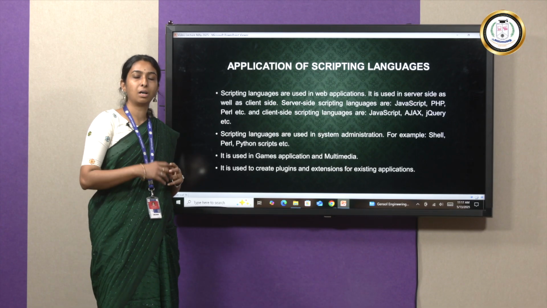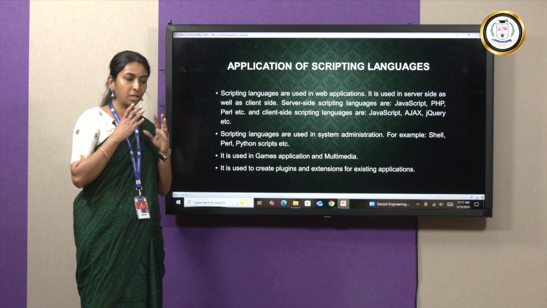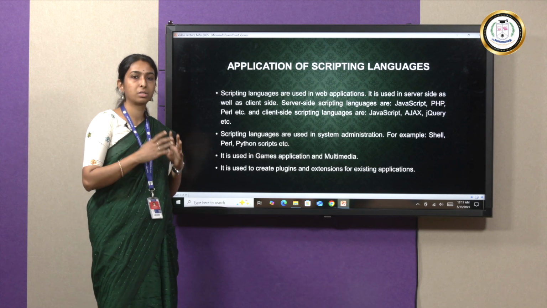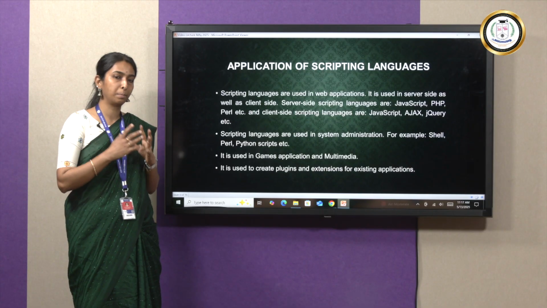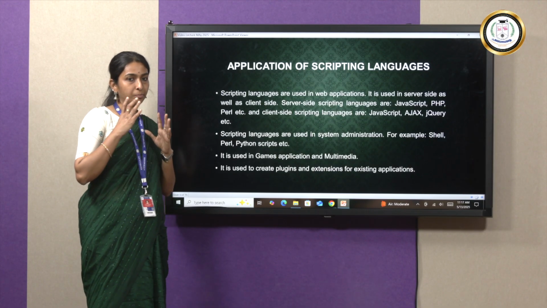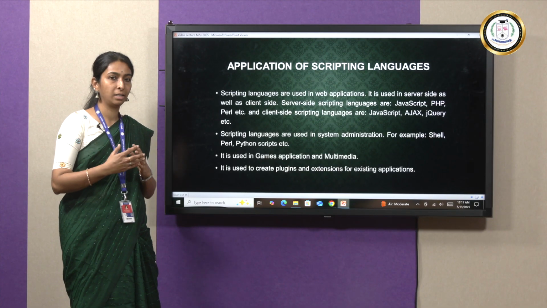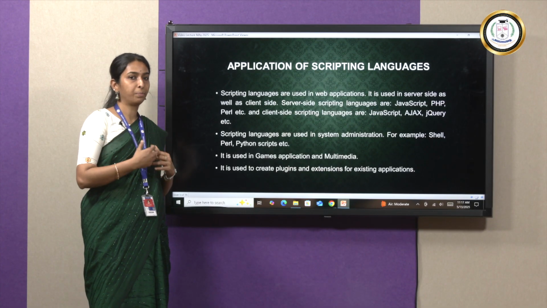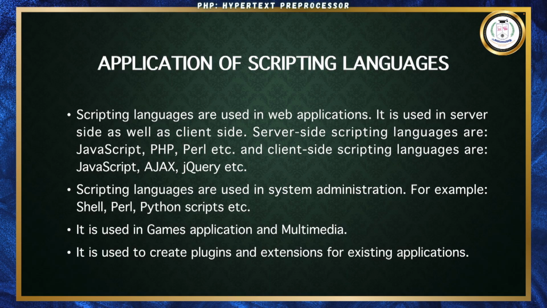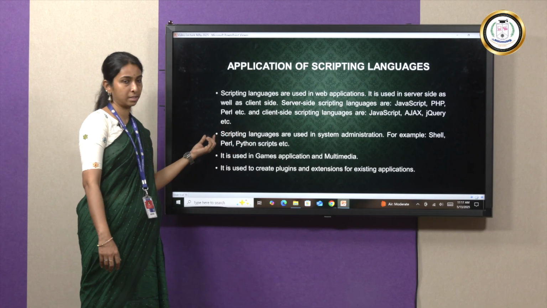Client-side scripting languages sit at the client side, or we could say the web browsers are used for running them, whereas server-side scripting languages reside at the server side and fetch the dynamic content upon the request from the client. Examples of server-side scripting languages are PHP, JavaScript, Perl and so on. Client-side scripting language examples are JavaScript, Ajax, jQuery, etc.